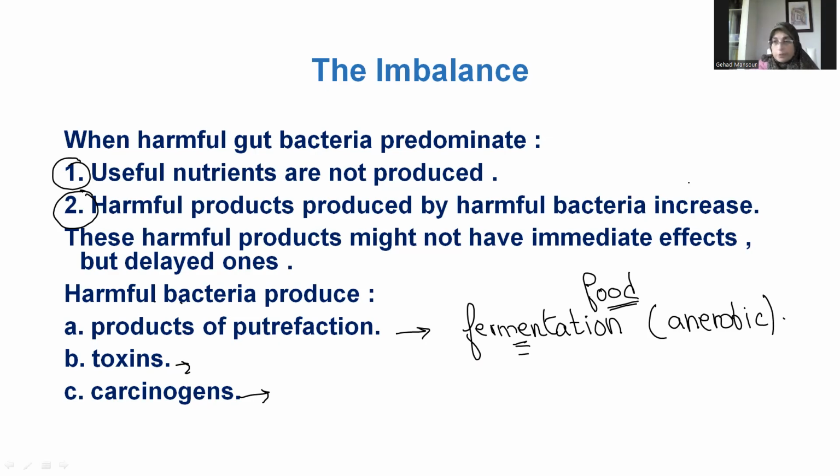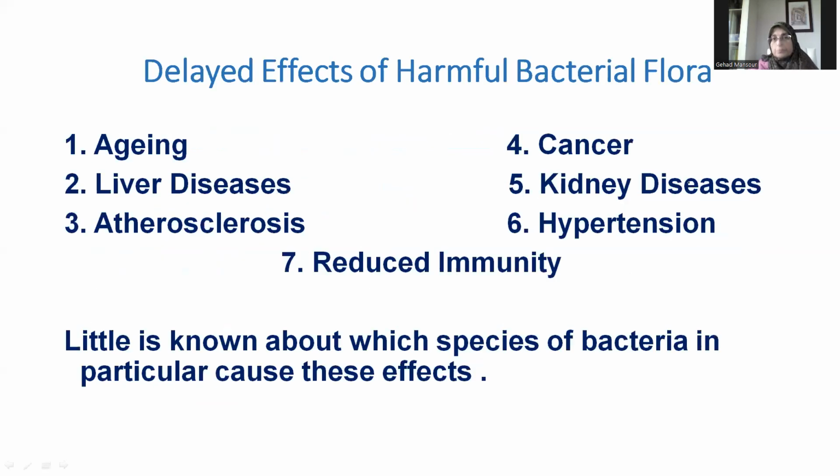But the fermentation that occurs by pathogenic bacteria is always harmful. What are the delayed effects of harmful bacterial flora? These toxins that are produced by the harmful bacterial flora can result in aging.